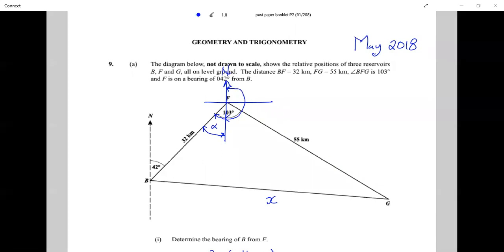Now, if I have a non-right angle triangle, and I know the length of 2 sides and the inclusive angle, and I wish to find the length of the 3rd side, it is a condition for applying the cosine rule. So the 2 sides are 32 and 55 kilometers, and the inclusive angle is 103 degrees. All right, so let's go to the next page and work this out.